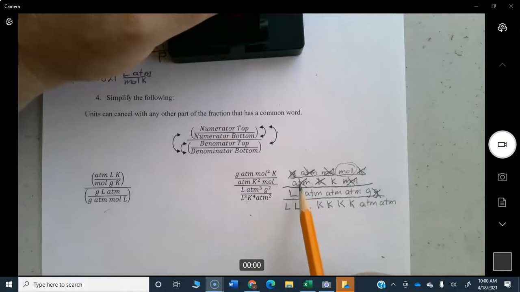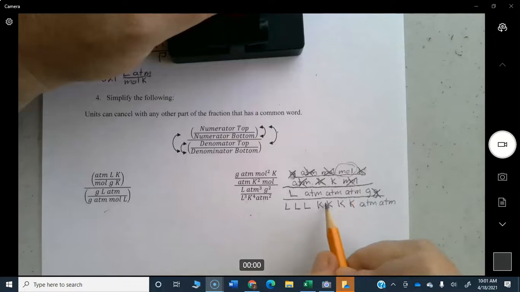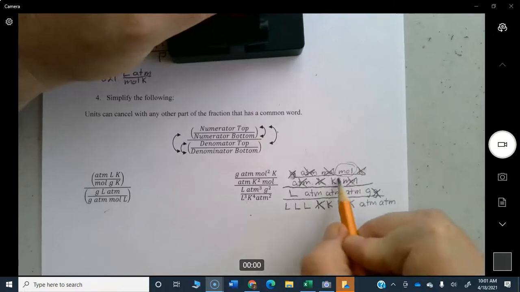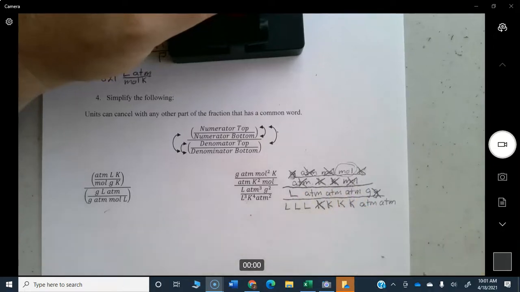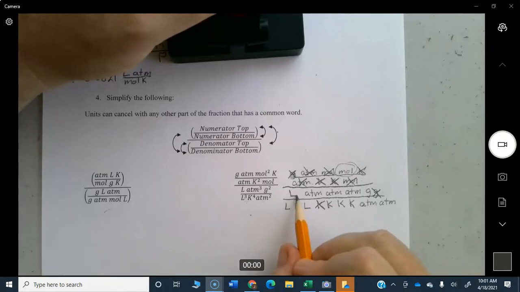Now we can go to the numerator bottom. The only thing we have left down there is this K right here, and it can cancel with denominator bottom. So it's going to cancel with one of these Ks. So now we have nothing on the numerator bottom. Okay, liters. We have liters in denominator top and denominator bottom, so they're going to cancel.